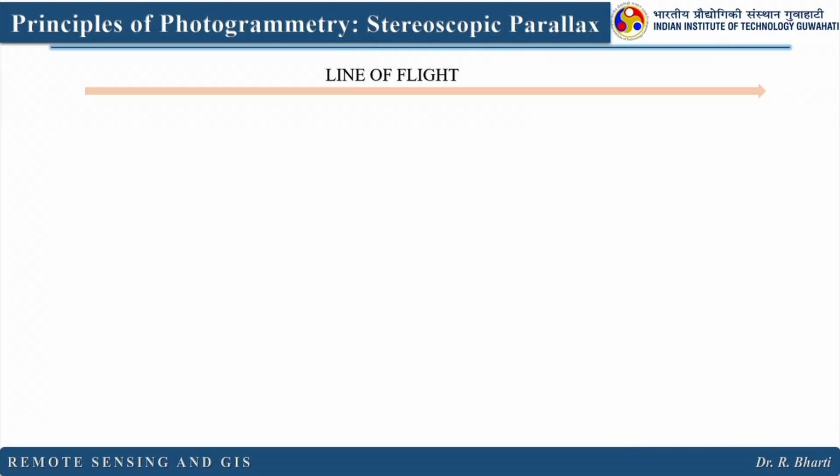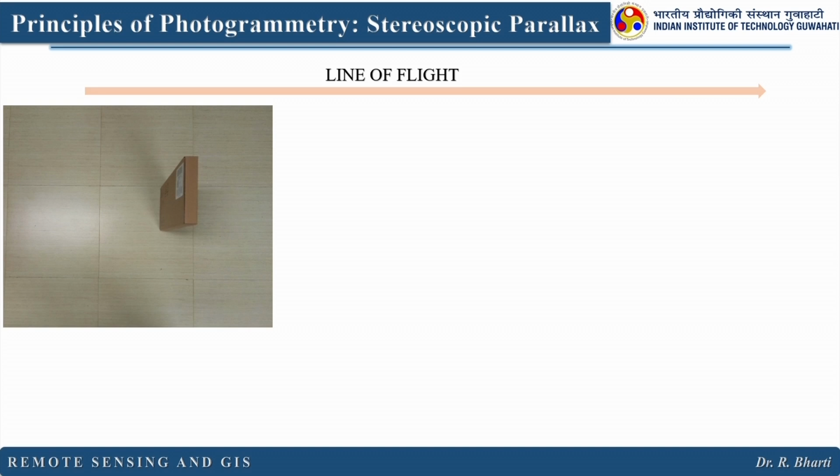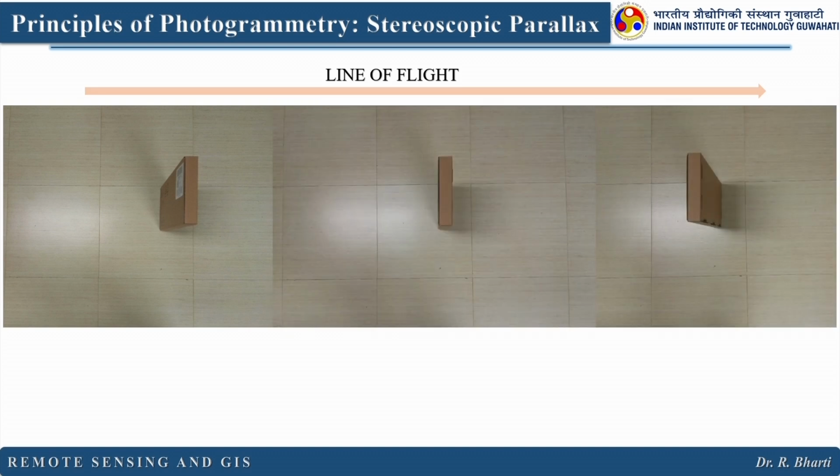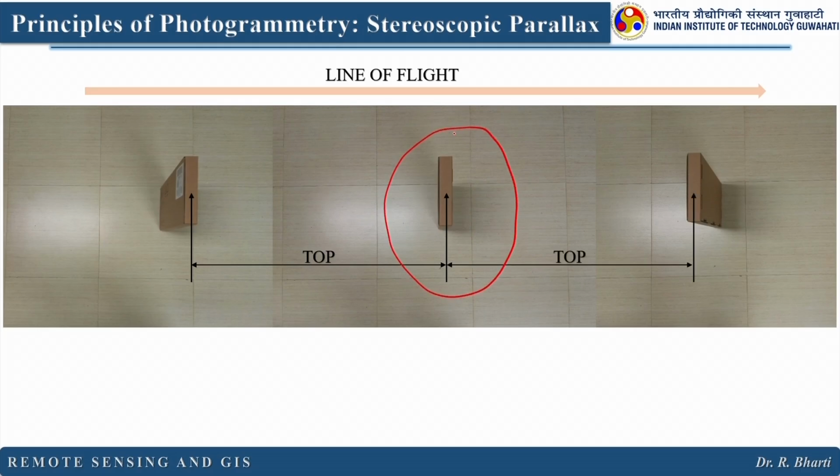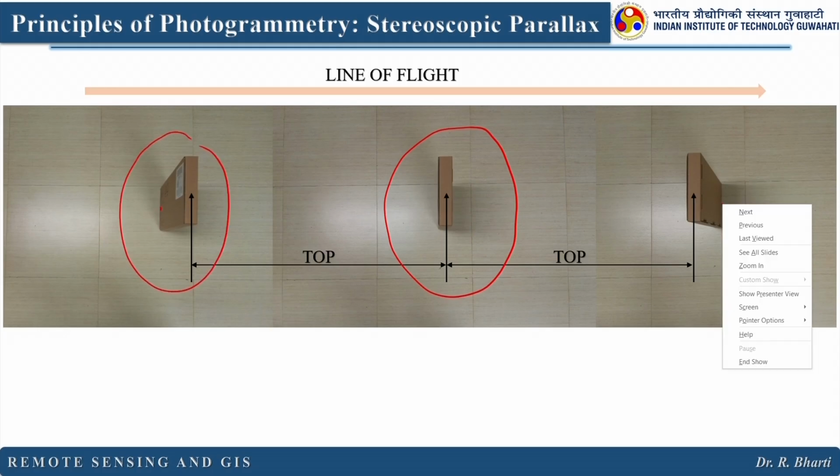So, if this is the line of flight, and this is one object, see how it appears when you change the location of observation. It will appear differently. In this image you can see only the top, here you can see this side, and in this image you can see this side.